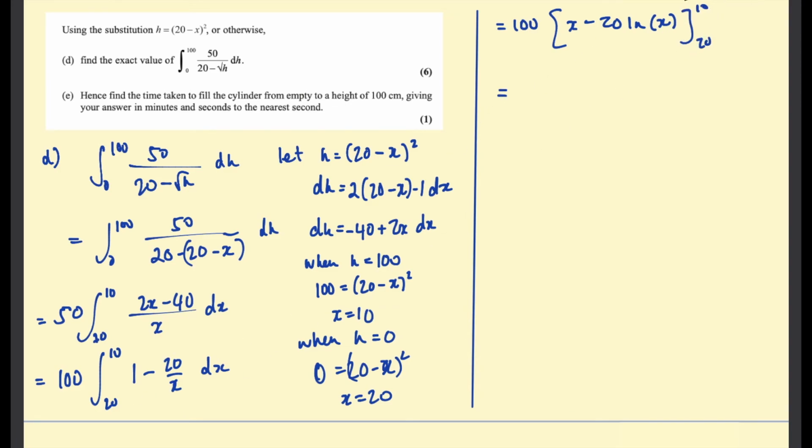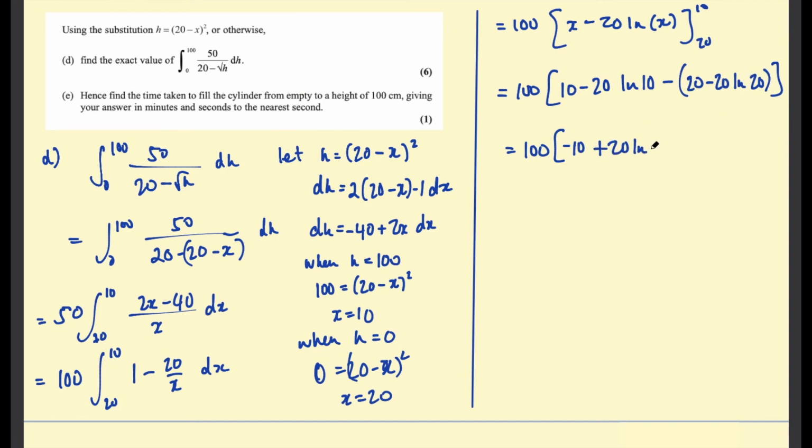Now we need to plug in those bounds. This will be 10 take 20 log 10 subtract 20 take 20 log 20. And then let's keep simplifying. So 10 take 20 is negative 10. And then we have positive 20 log 20 take 20 log 10.